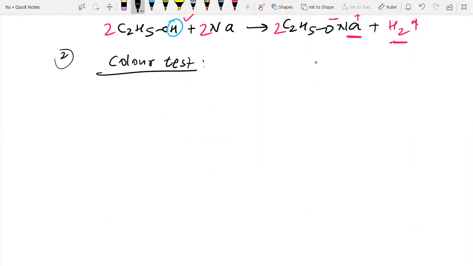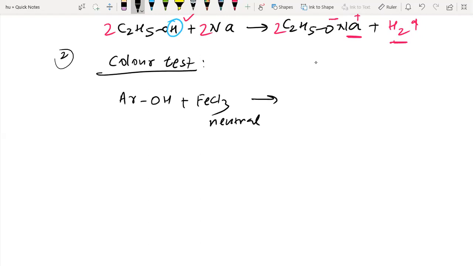Your phenol and alcohol, when they are reacted with neutral FeCl3, show a color test. First I'll write for phenol. Phenol is when reacted with neutral FeCl3, then see what happens.